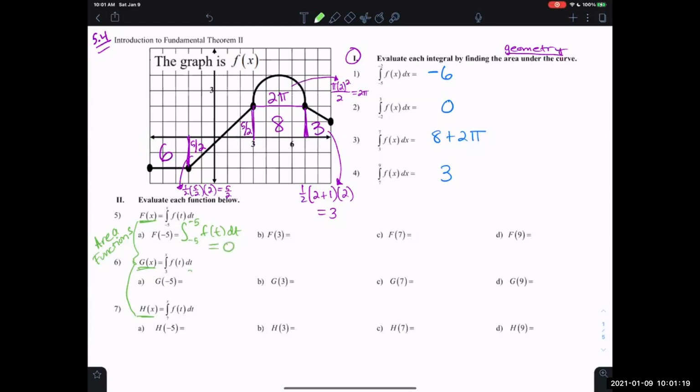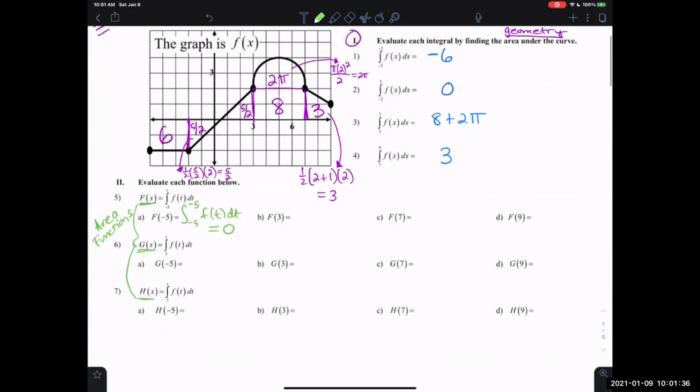Okay, let's go to the next one. We're going from 3 to -5, which already seems a little bit strange because that is out of order. And I'm going to actually rewrite that a little bit smaller for myself.